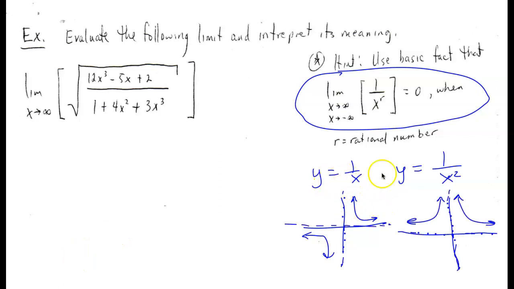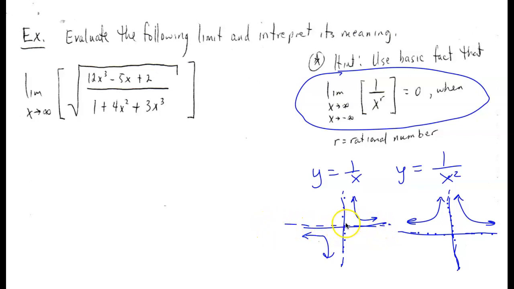So notice here that for both of these functions, as my x values get larger and larger, my y values tend to go toward the x-axis, which means that my y values are getting closer and closer to 0. So that happens as x approaches positive infinity, and also as x approaches negative infinity.